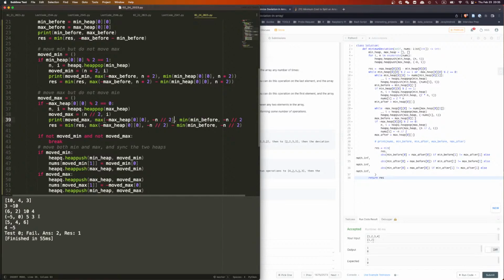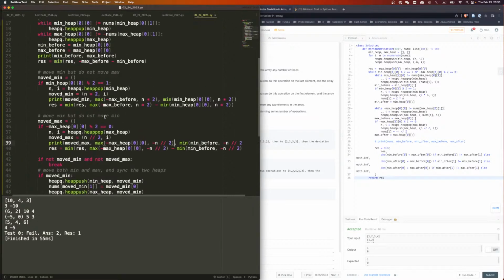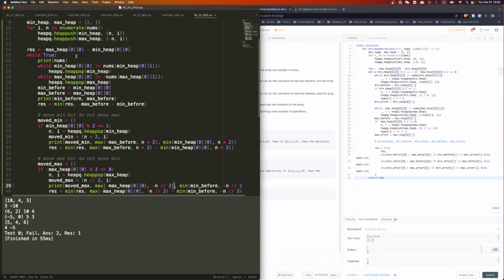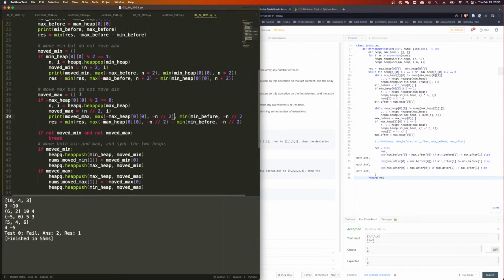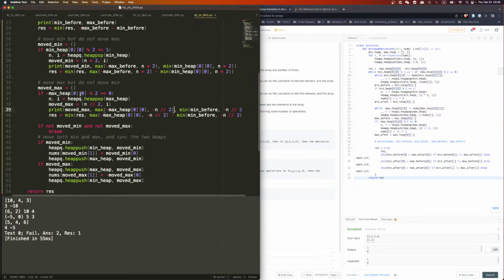That is correct. Okay, now I have this. Min heap is 4. Max heap, how is max heap 5? Max heap should be 6. Did you not push it in? I did.